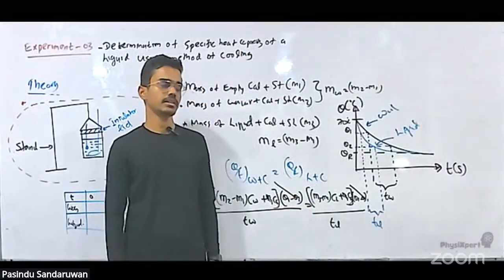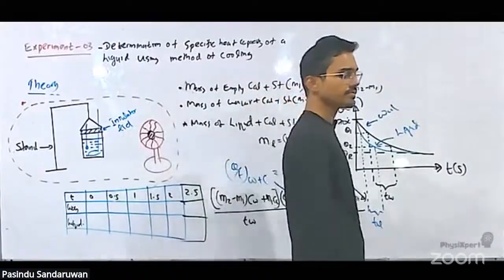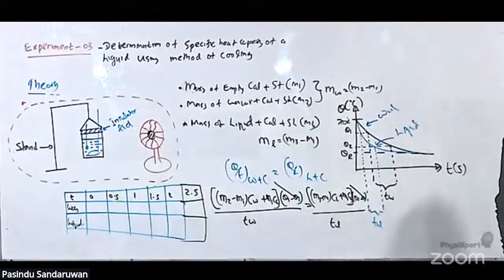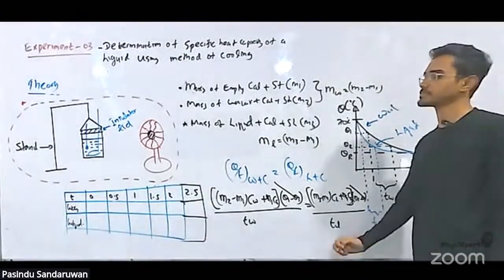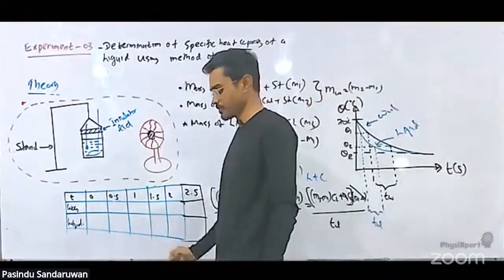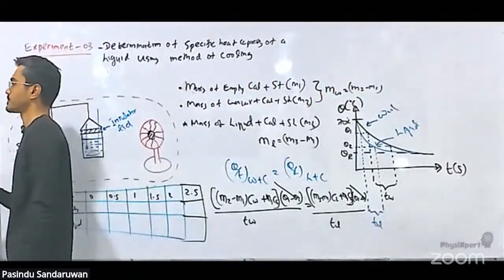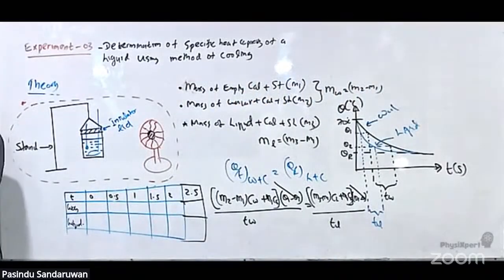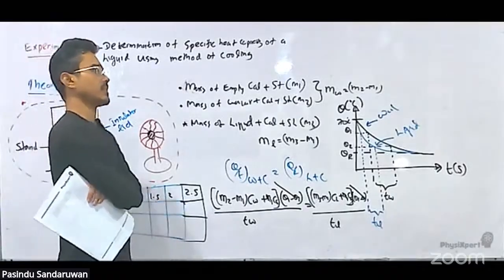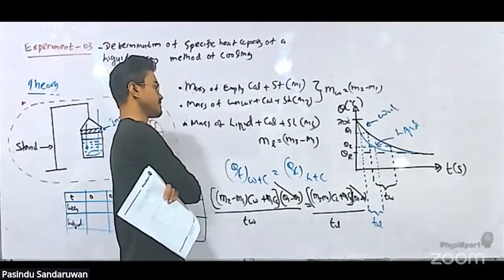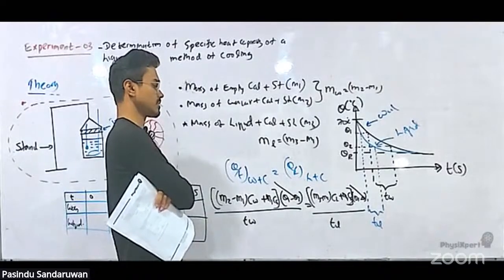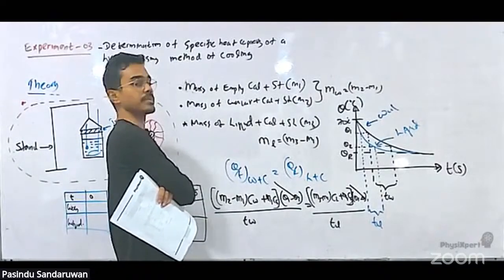And measure the mass of the liquid, calorimeter with stirrer, within brackets M3.